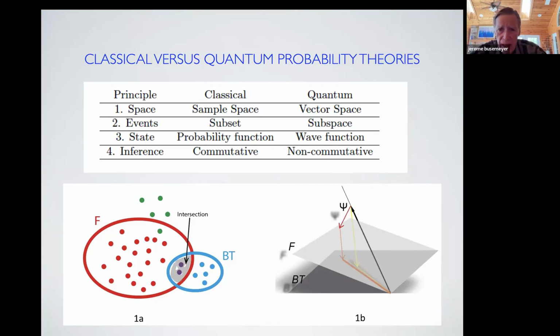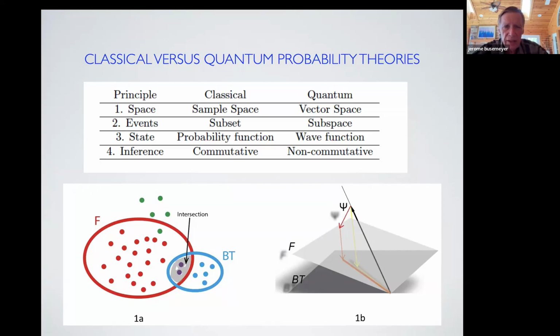The event feminist is a subspace, a plane. That lightly shaded gray plane is our feminist subspace. And bank teller is another subspace, the dark shaded plane in that figure. So events are subspaces of the vector space.